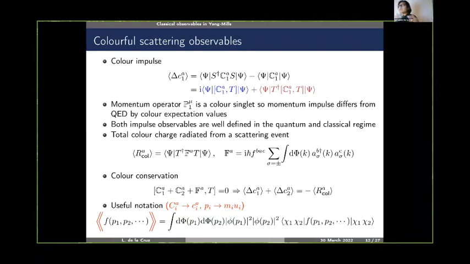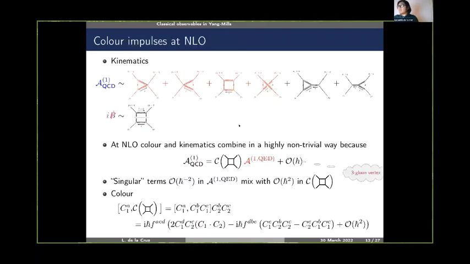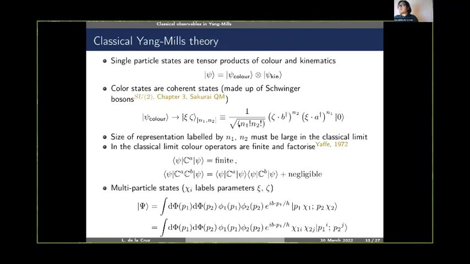So I can only act on this state with operators that act non-trivially. I am allowed to take this expectation value of the momentum, for example, because the state carries these additional quantum numbers.